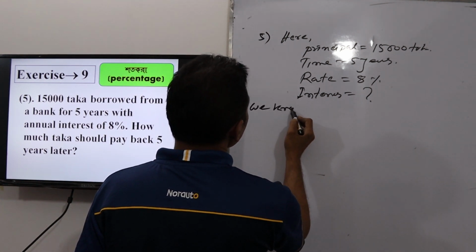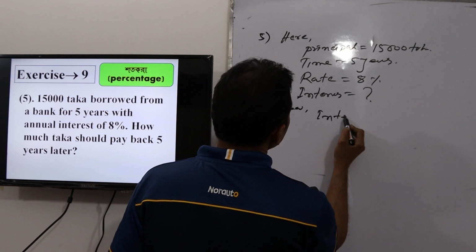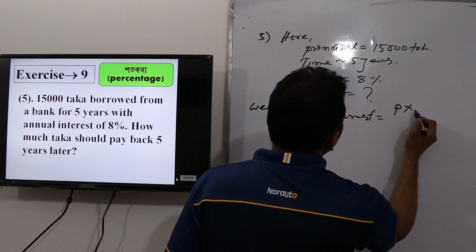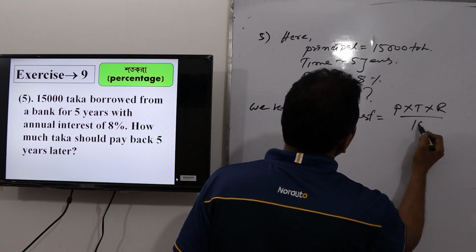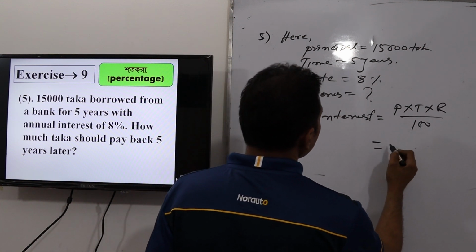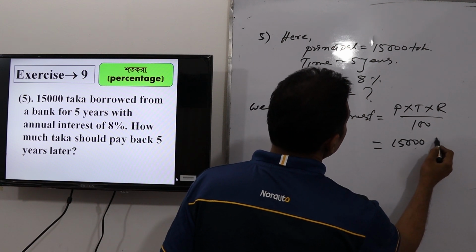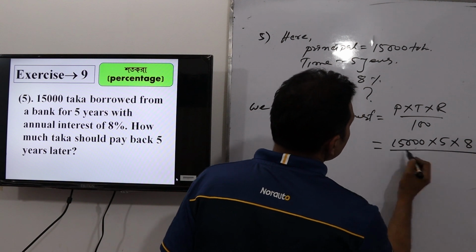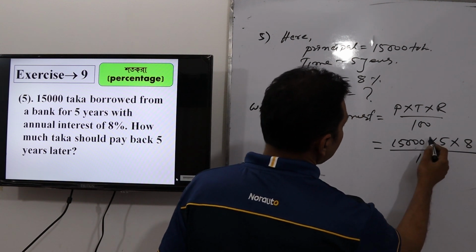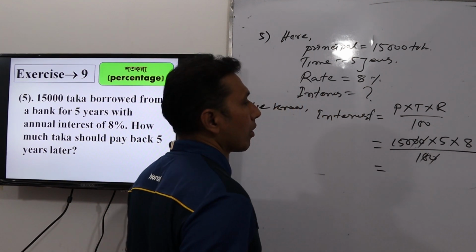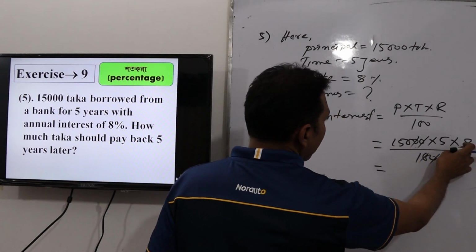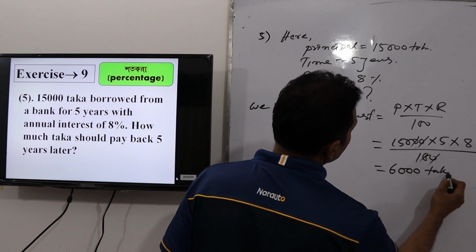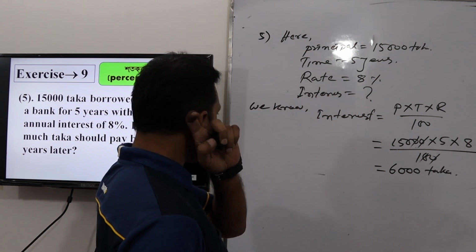We know interest equals principal into time into rate divided by 100. That means 15,000 into 5 into 8 divided by 100. So the interest is 6,000 taka.